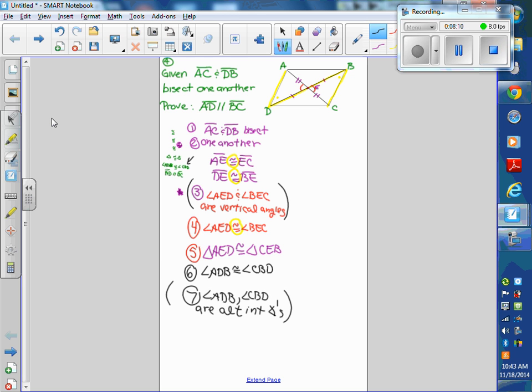So parentheses, that's optional. Okay. And then now we know that the lines are parallel because we have congruent alternate interior angles. So we have to go back and fill the reasons in here. So this was a given. This is not a number 2. Numbering's off. That's one sentence.